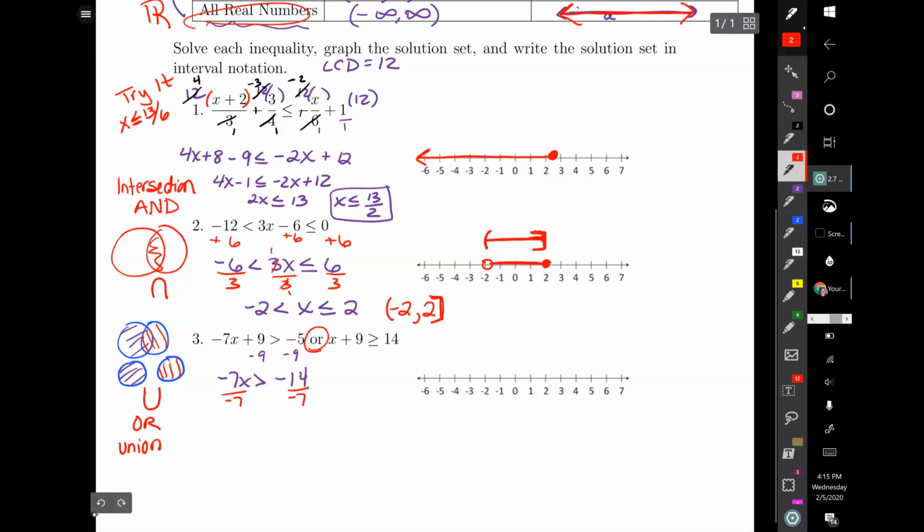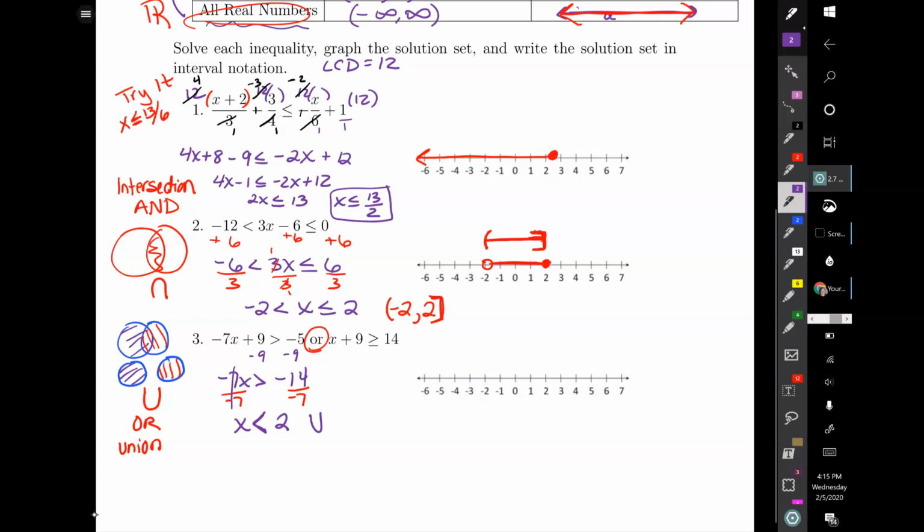We have to be careful because we need to reverse our inequality. So we're going to get x is greater than 2, but we actually can't have that. We're going to switch it around to be x is less than 2. I'll show you after in a little aside why we need to do that and how you can remember it. And then we're just going to put the union symbol here just to track it.